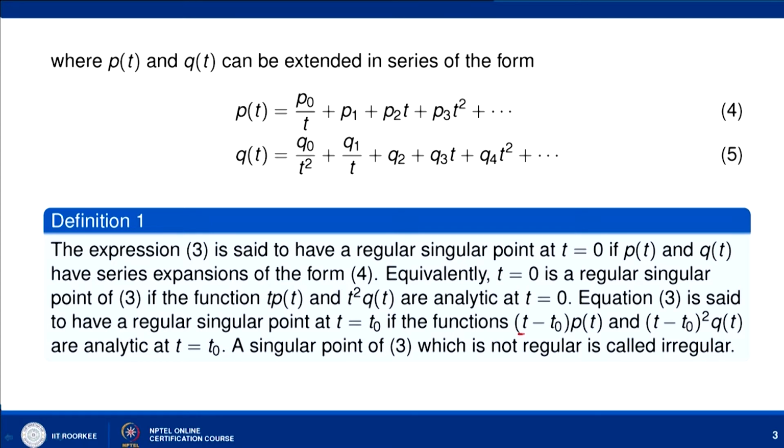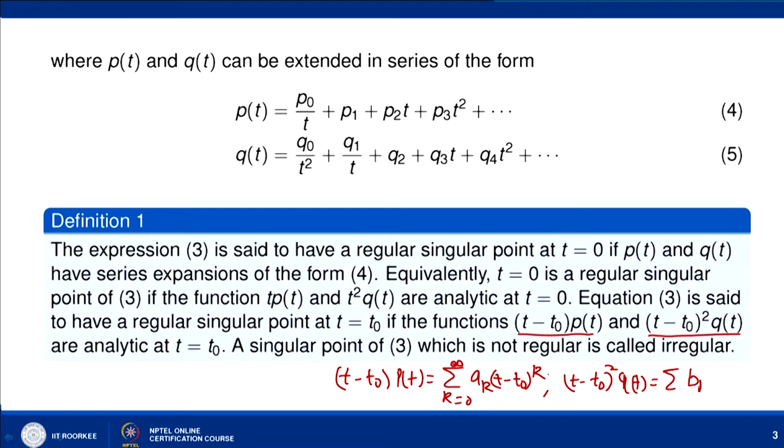So, the meaning that these are analytic at t equal to t naught is that here I can write (t minus t naught) p(t) as the summation of a_k (t minus t naught) to the power k, k from 0 to infinity. Similarly, (t minus t naught) whole squared q(t) is equal to the summation of b_k (t minus t naught) to the power k, k equal to 0 to infinity.